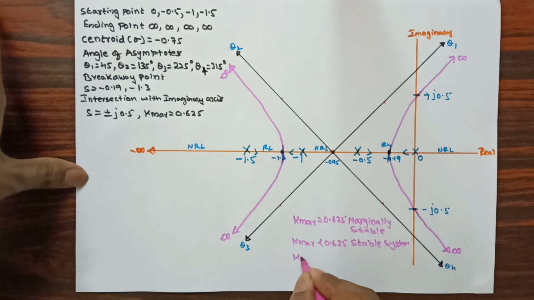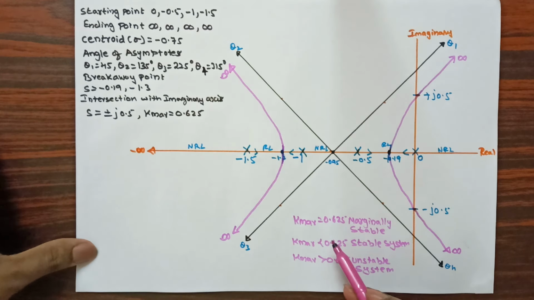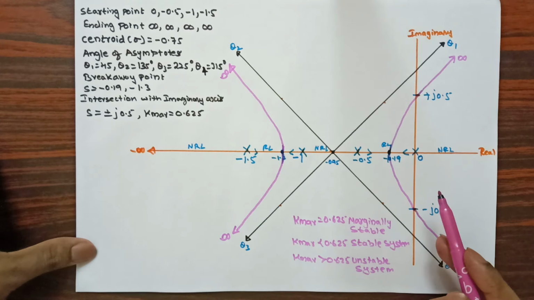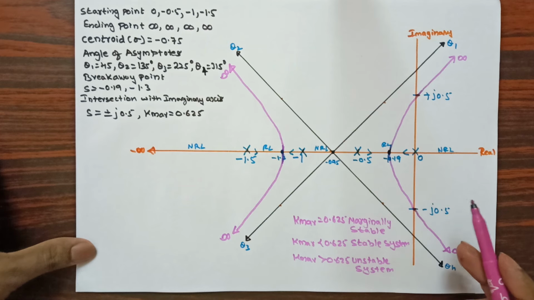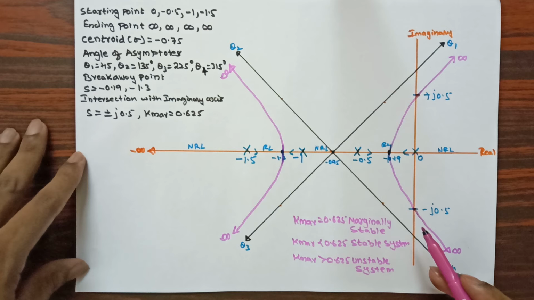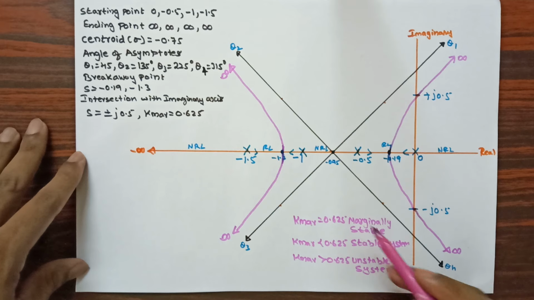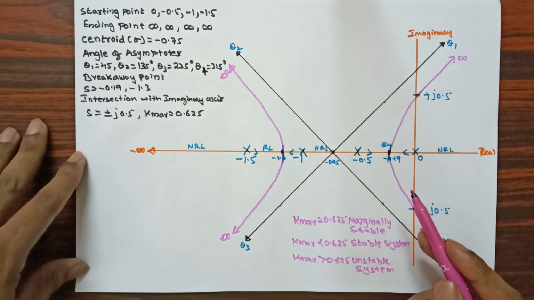And for k greater than 0.625, unstable system. Based upon the k margin value, we have commented that the system is stable, unstable or marginally stable. In this way, we comment on the stability of the system with the help of the root locus plot.